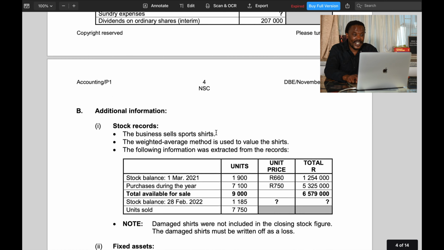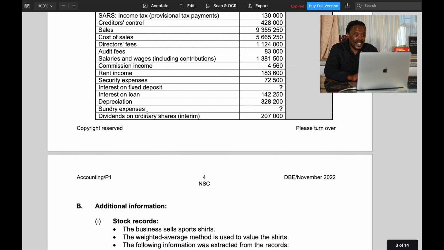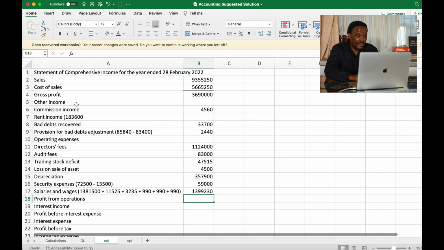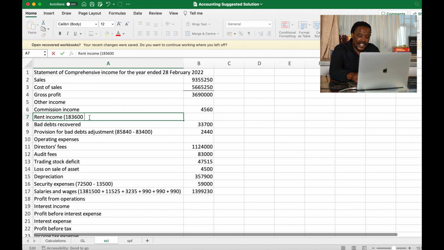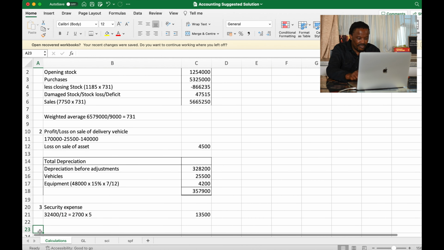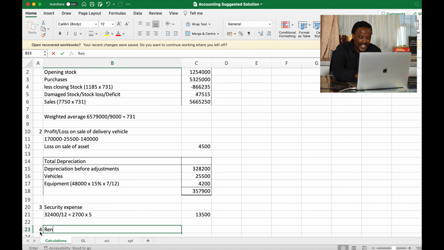The rent income is an amount of 183,600. We go back to income section. 183,600 minus so much that was paid for March and April. We are not interested in that.